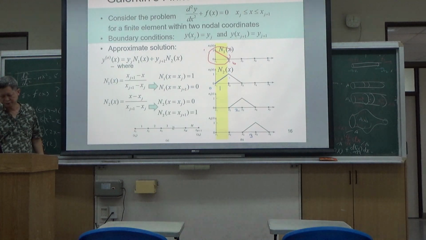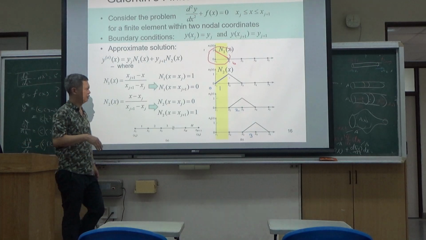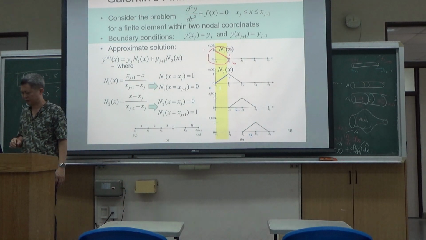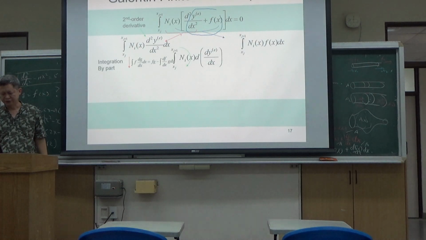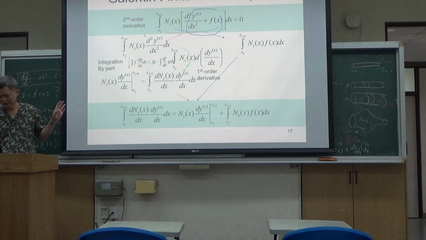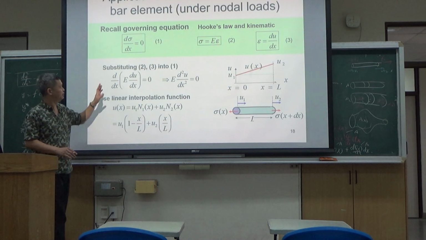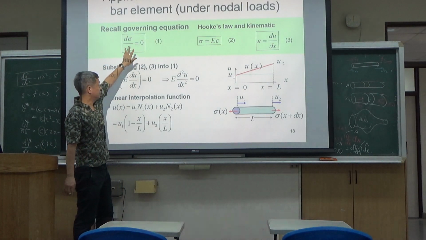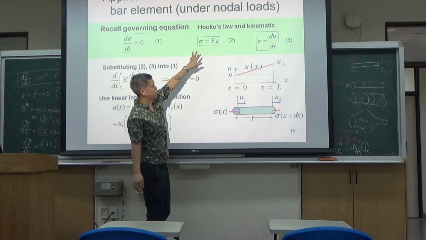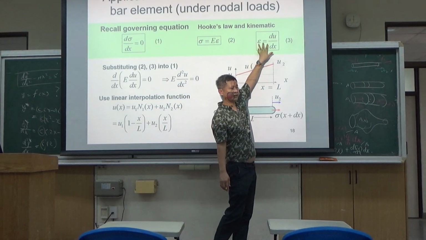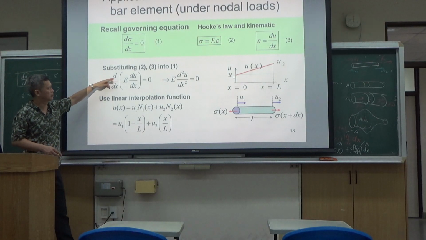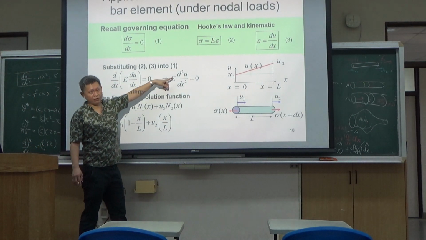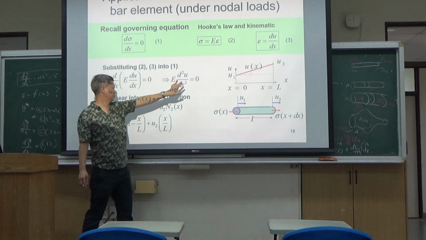So now we come to the point of this integral method. Okay. So how do you get these expressions? I'm not going to go through the detail with you, but I just tell you the fact. Previously, when you were writing your governing equations, Hooke's law, and the strain and displacement relationship, you can combine them to make the second order derivative of displacement equal to 0.